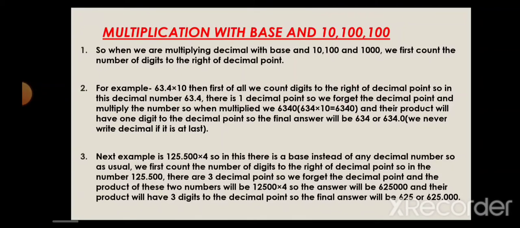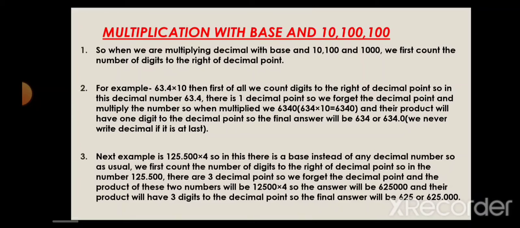Okay. Now we are going to our next example, that is of multiplying decimals with a base number. Our first example was multiplying a decimal with numbers like 10, 100 and 1000. Our example is 125.500 multiplied by 4.